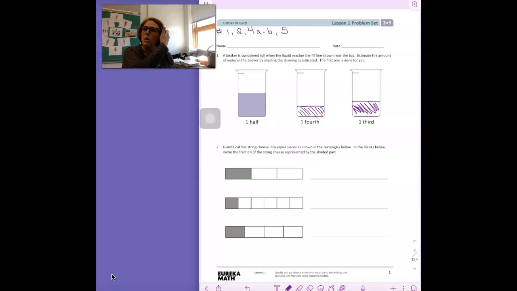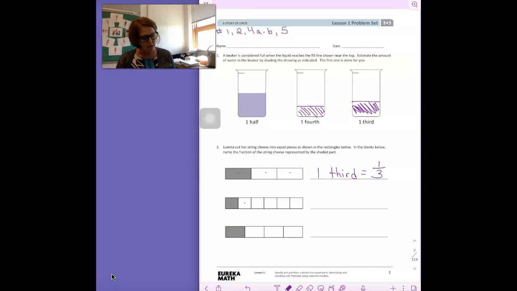For this first one, I see that there are 3 equal parts. When we have 3 equal parts, that's thirds. So here we have 1/3 shaded in. I could also write it 1/3. We don't say one-three, we say one-third, kind of like when you run a race, you finish first, second, third, fourth, fifth, sixth.